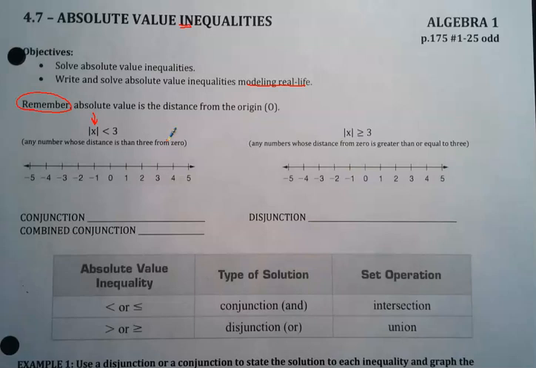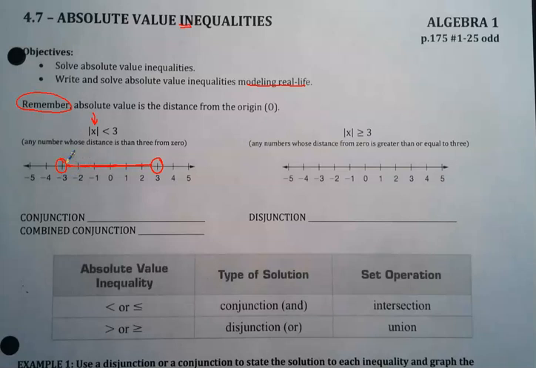So we could have negative 3, whose distance from 0 is 3, or we could have a positive 3. Anyone whose distance is less than means it's going to be this area in here.